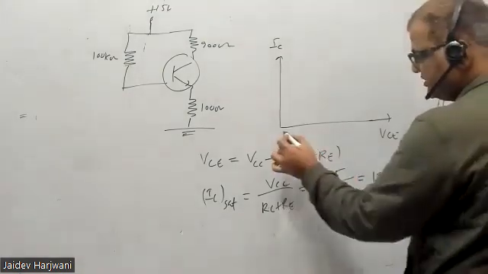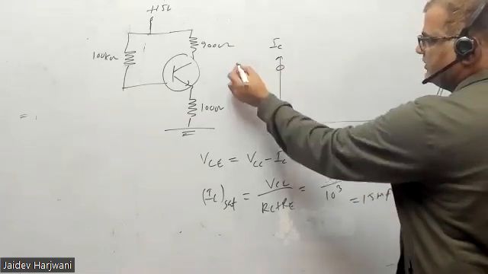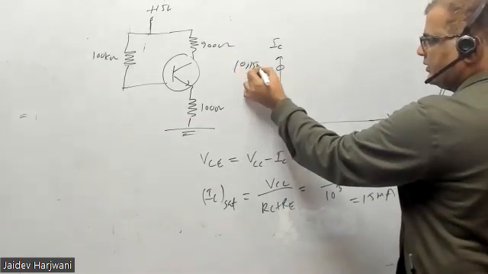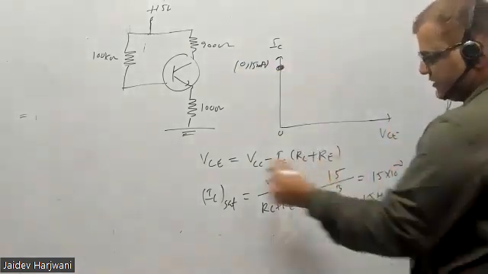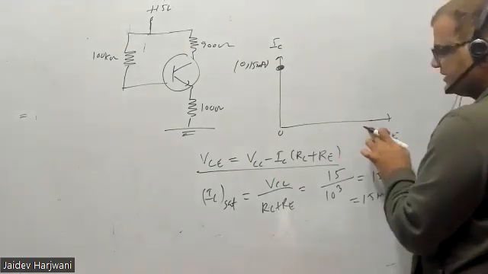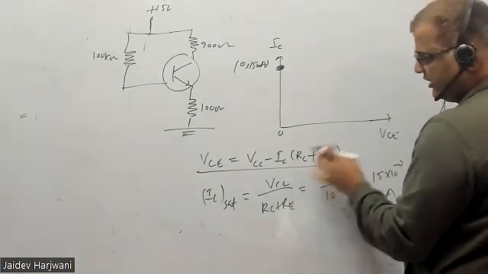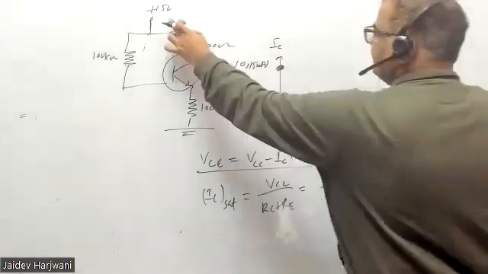So if I take my VCE 0, this point should be 15 milliampere. So this point should be basically 0, 15 milliampere. So this is one point in this equation I can put. And in this equation, if I go in the x-axis पे IC 0 है. If you put IC 0, your VCE will come to VCC. VCC is again 15 volt.